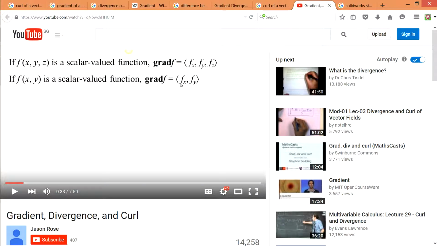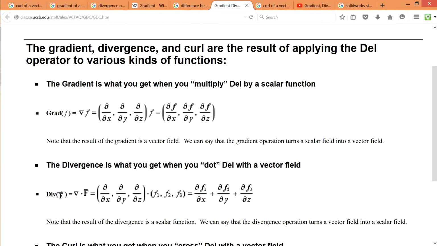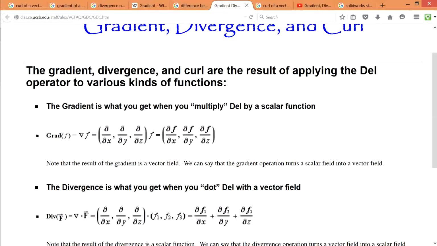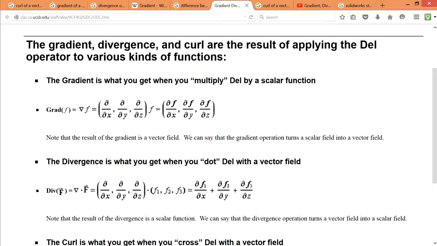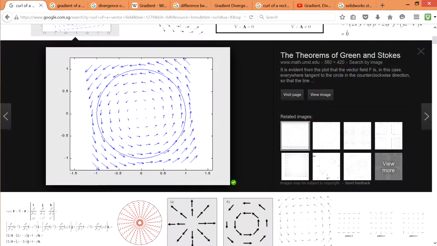Before I end this, I just want to convey certain information, which is how the gradient, the divergence and the curl apply. You may have all these definitions, but in terms of applications, there is a need for this, otherwise we wouldn't want to apply it. For curl, it deals with the fluid itself.